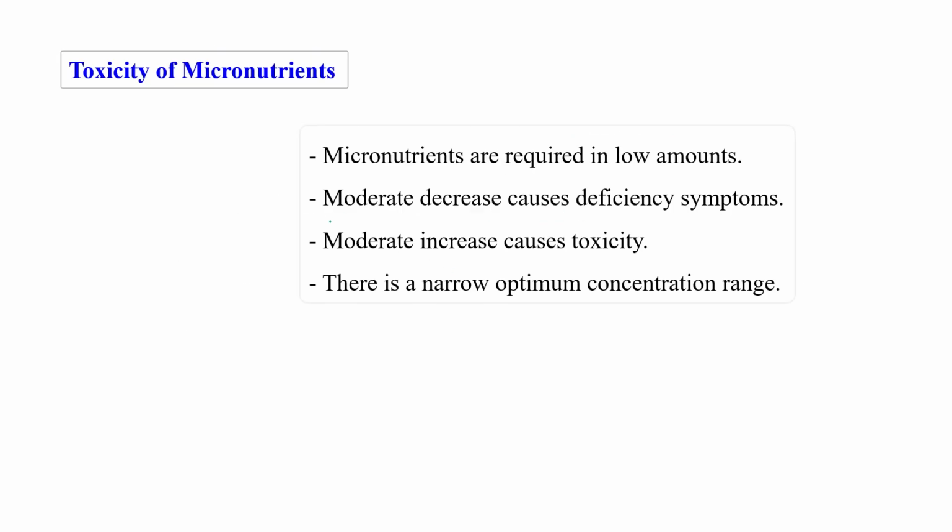So, toxicity of micronutrients. As you know, the term micro is used over here. Micronutrient means the nutrient required in a very minimum amount. So if there is a moderate decrease of that micronutrient, that can cause deficiency symptoms.